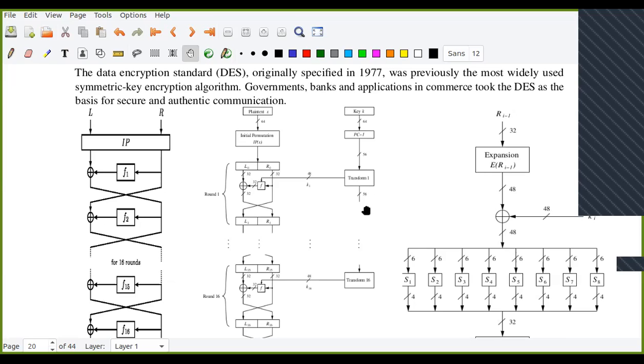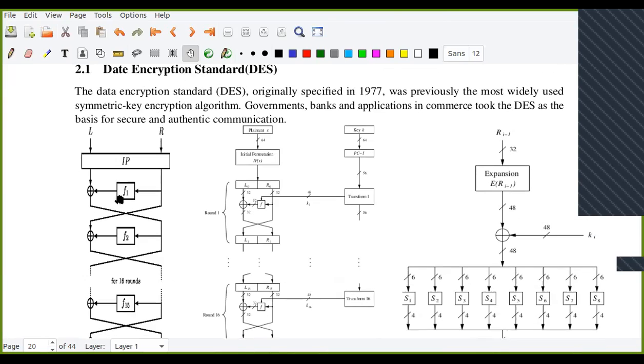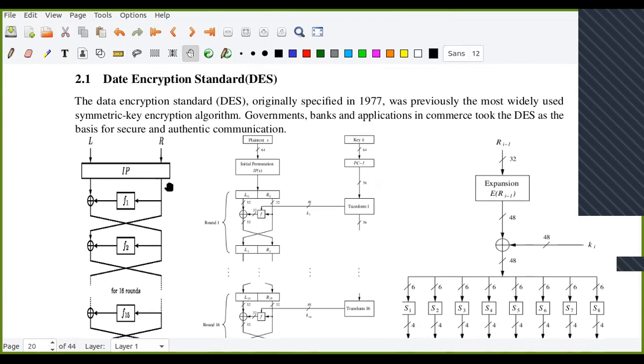Whatever earlier keys we got, I do one more shift. Depending upon the round, one shift or two shifts will happen. It is divided into 28, 28. So the key 48 may be different from here to here, and also the input is different. R1 is different, right?